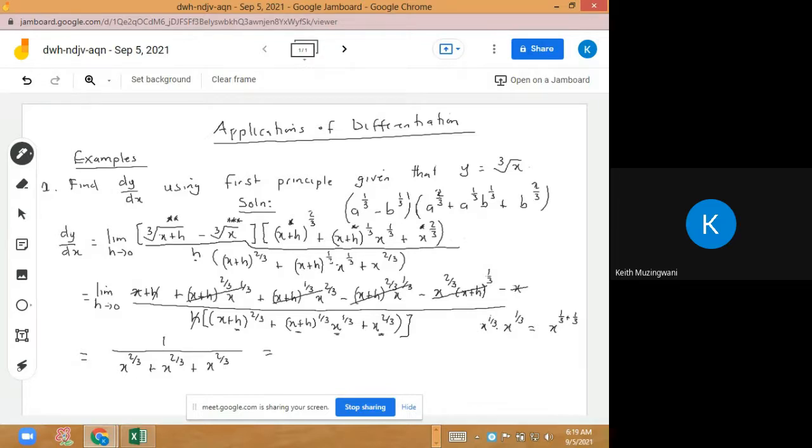This is the same as 1 over, how many are they? There are 3 x to the power 2 over 3, which is what you must find using power rule. We get that.